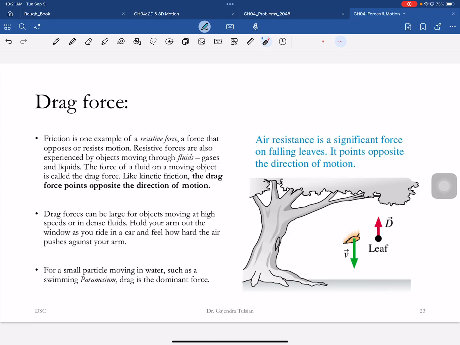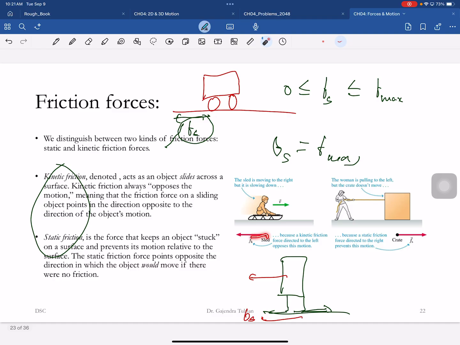And by the way, friction forces always act in the direction opposite to the motion of the object. If the object is moving in this direction, the friction force is like that. When the object is moving in this direction, the friction force is like that. So friction forces always act in a direction opposite to your motion. They're always slowing you down. What do friction forces do?